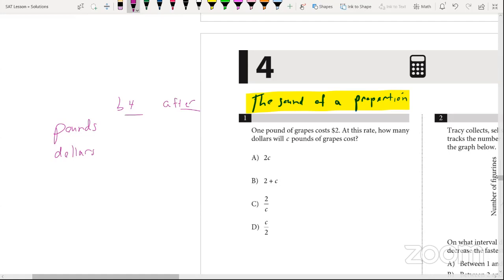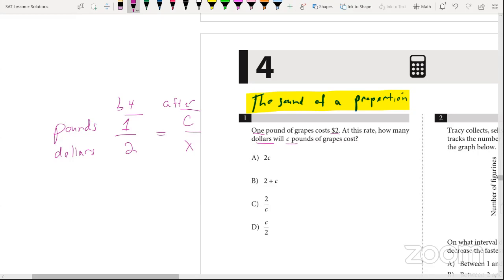So we can say 1 pound costs $2 and C pounds costs how many dollars? So actually, I think this, being question number 1, is intended to be an easier one because we're just starting. I think it is actually in the order of the proportion you can write, right? 1 pound is $2. How many dollars is C pounds? No, it is actually reversed a little bit.